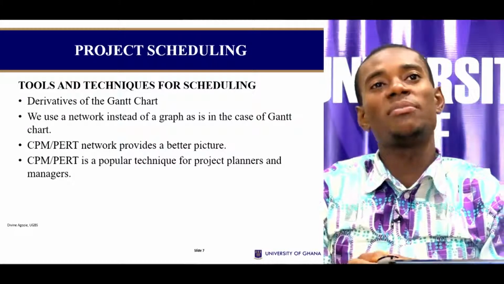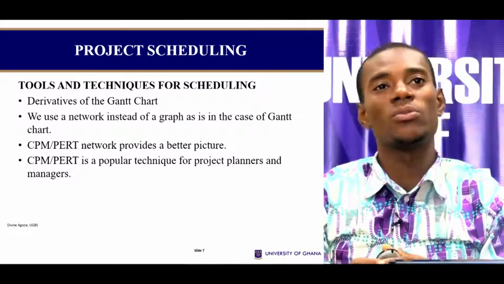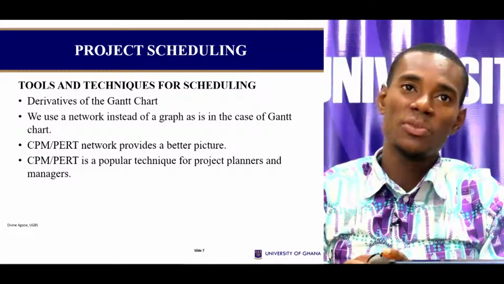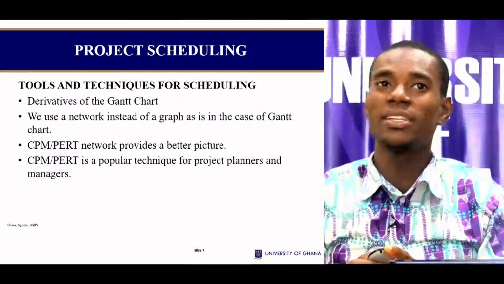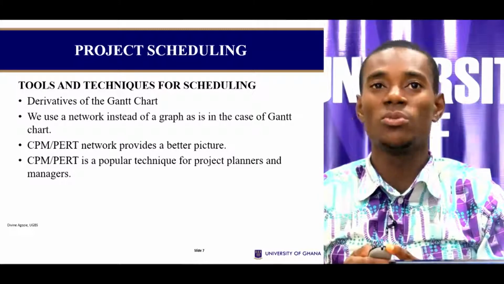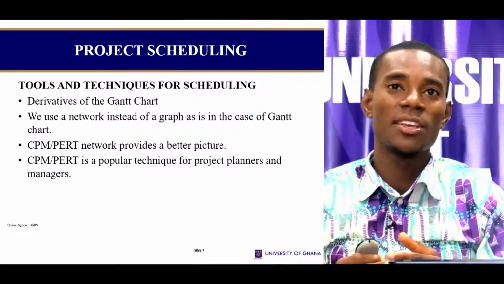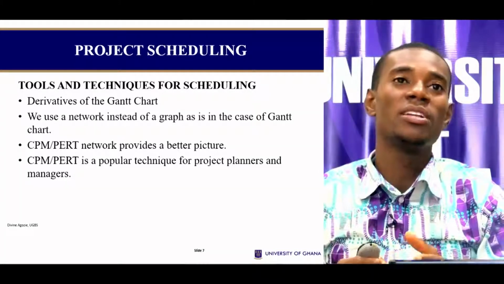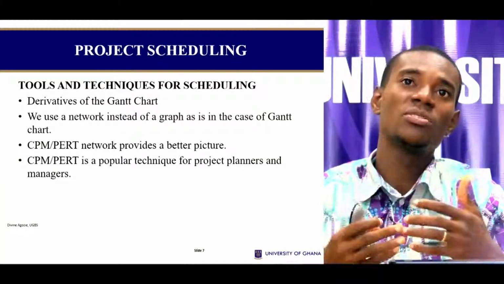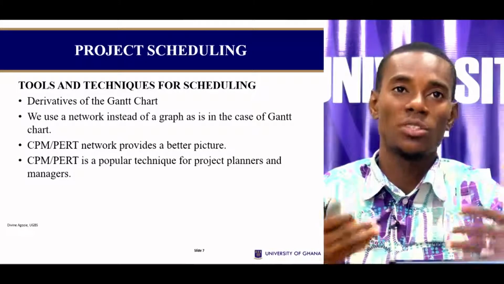But over time, new techniques have also popped out, which we call the CPM and then the PERT. The CPM representing the critical path method, and then the PERT represents the program evaluation and review technique. These are very popular techniques now in our current age and date that project managers or organizations use to actually show precedence relationships, to show how project activities are supposed to be scheduled.